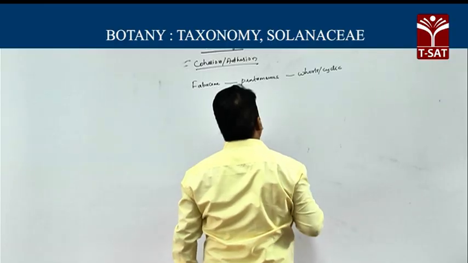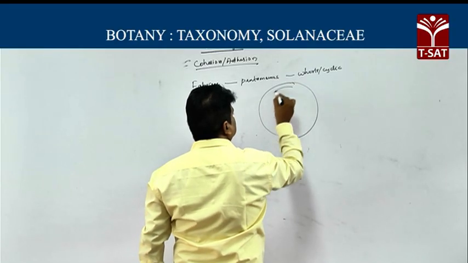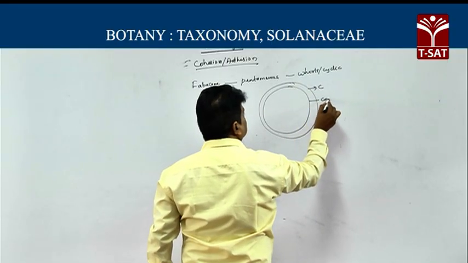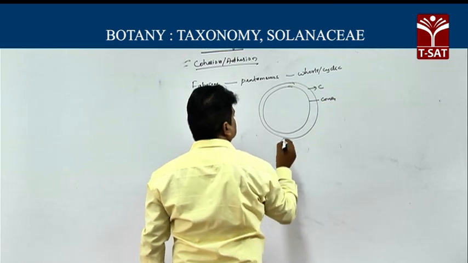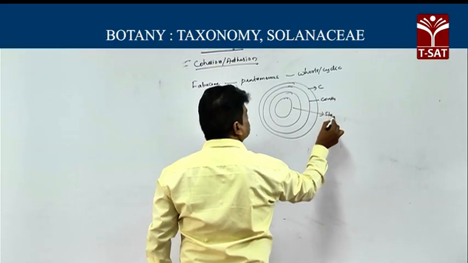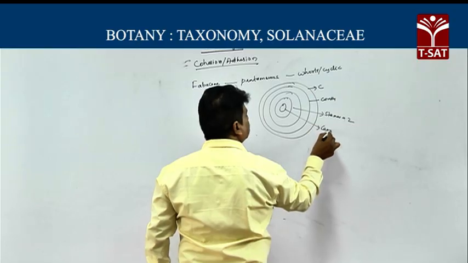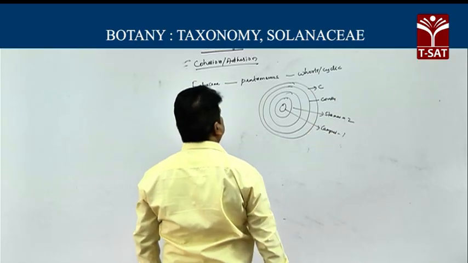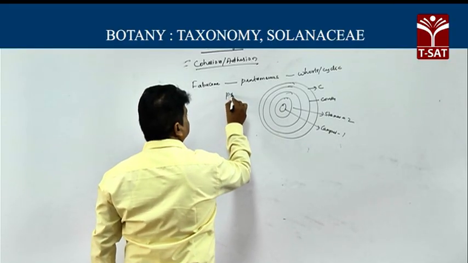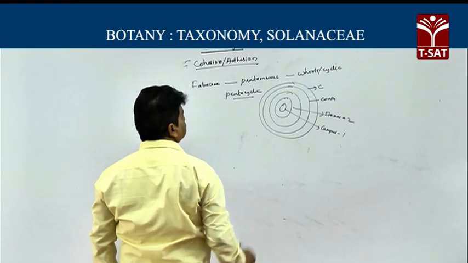This pentamerous: calyx, sepals 1 row, corolla, petals 1 row, stamens 2 rows, carpel 1 row. So Fabaceae, pentamerous and pentacyclic.